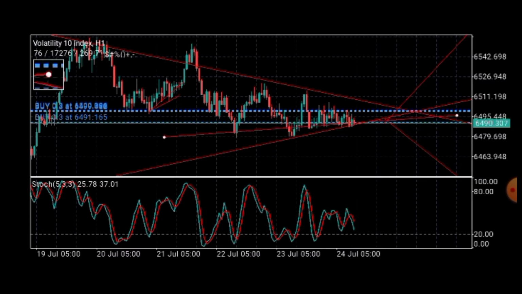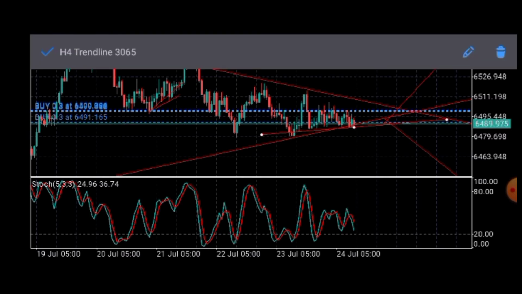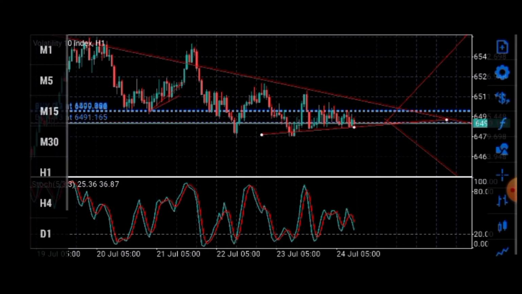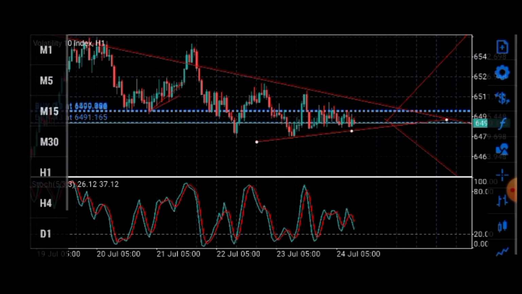So if you understand what I'm trying to do right here, let me just put it this way. Now look at the double bottom here. We're expecting something like that right there. I think I already used this particular line to depict it, which means that the breakout is likely to go in the buy direction.